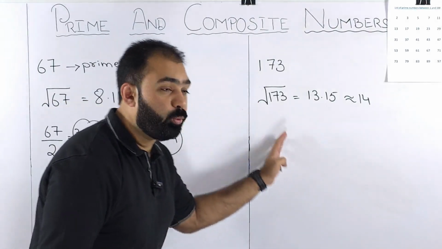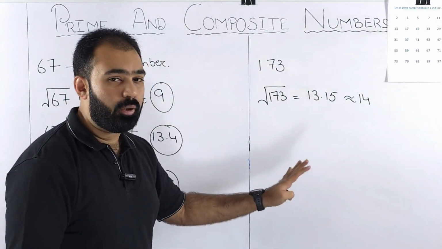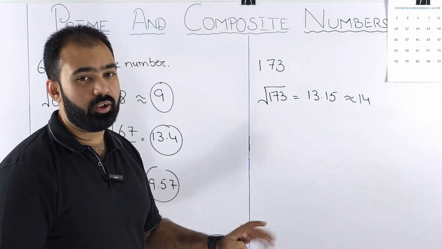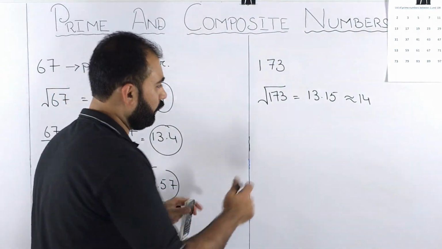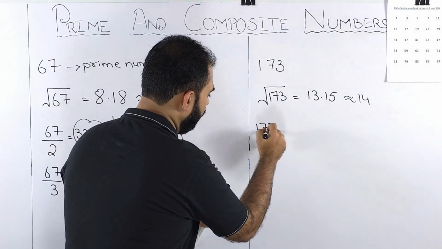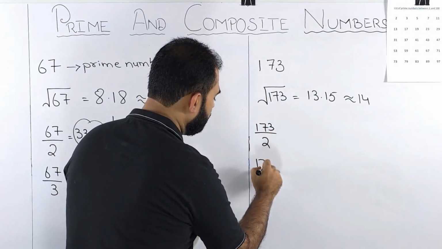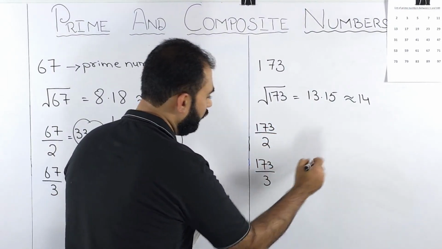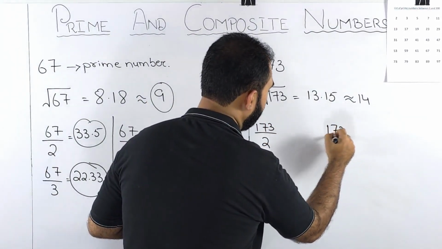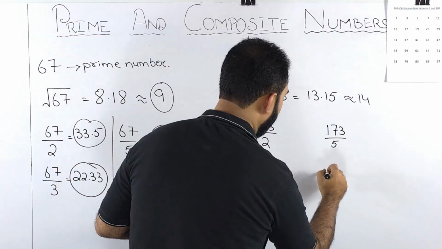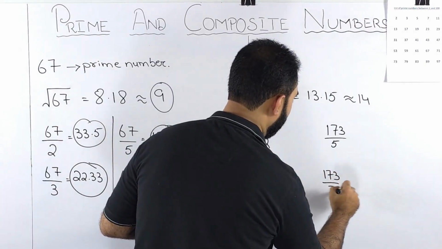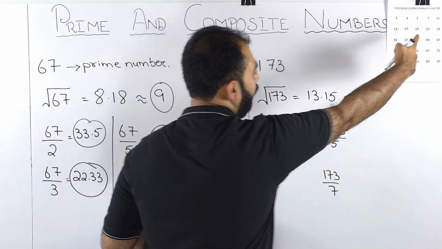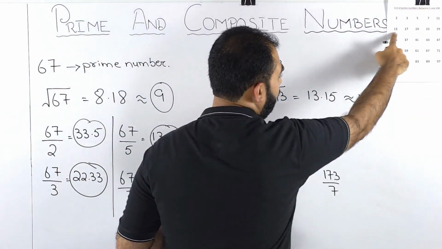Now from 2 to 14 जितने भी प्राइम नंबर्स हैं उन सब के साथ 173 को इंडिविजुअली डिवाइड करना होगा. 173 divided by 2, 173 divided by 3, 173 divided by 5, 173 divided by 7, and we have 11 as well and 13 as well.